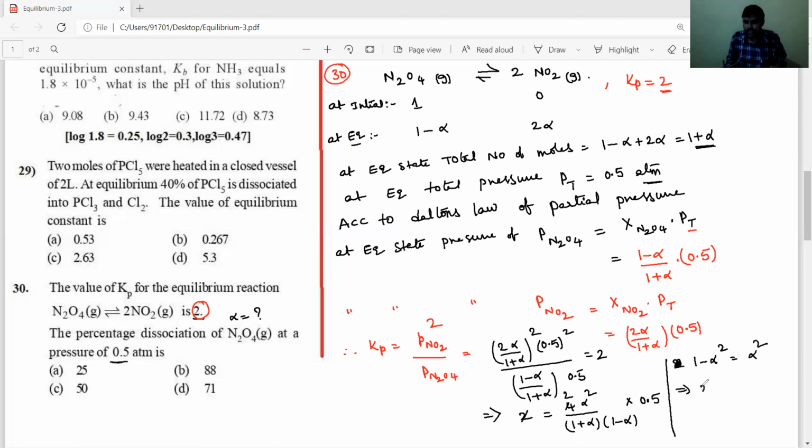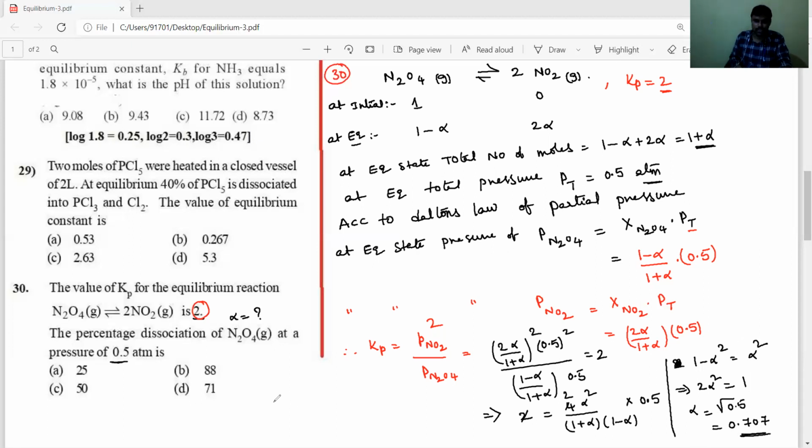Then 2 alpha square equals 1, so alpha is equal to root over 0.5. The root over 0.5 value is 0.707.